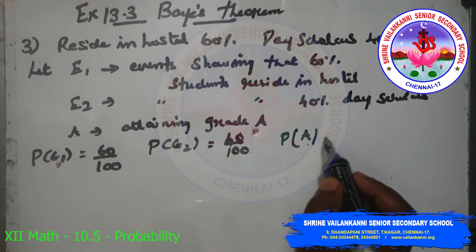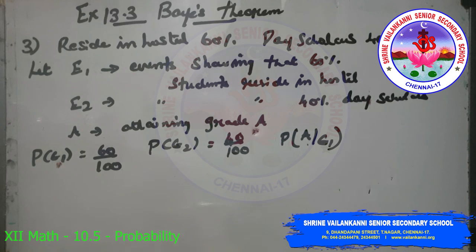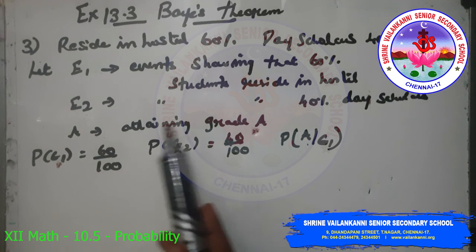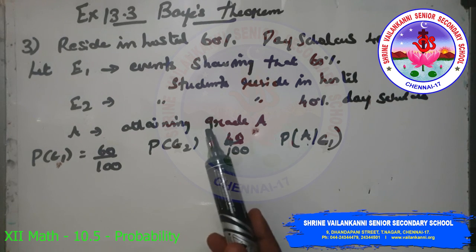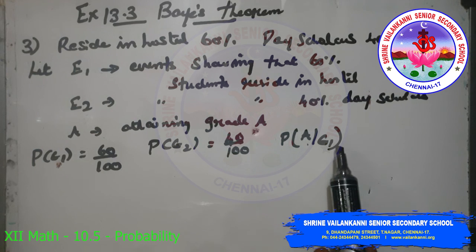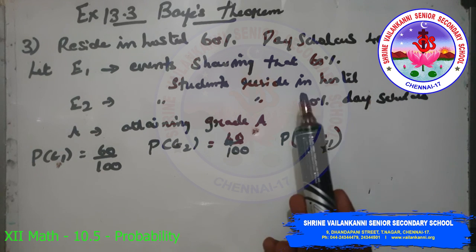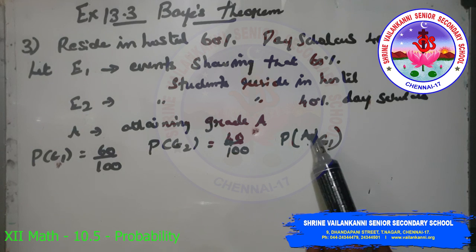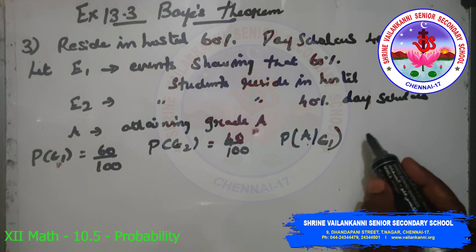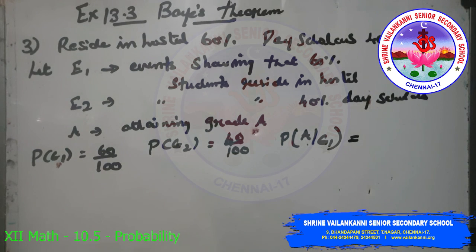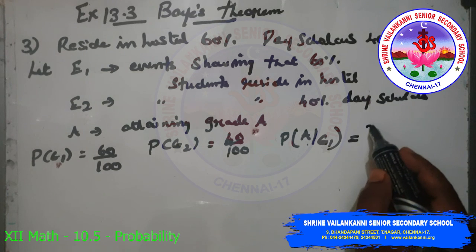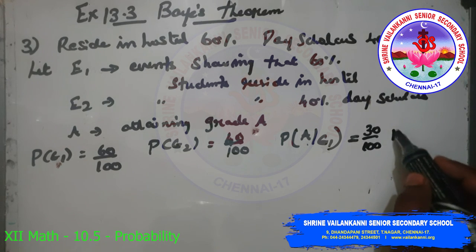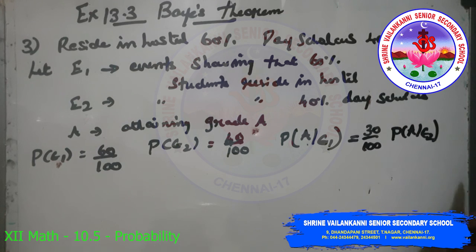So P of A by E1, so A is an event who attains A grade from the hostel students. So P of A by E1 is 30%, so 30 by 100. So P of A by E2, that is attaining A grade in which the students are day scholars, which is 20%, so 20 by 100.